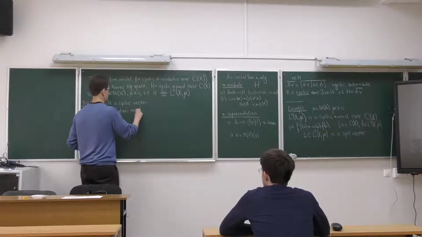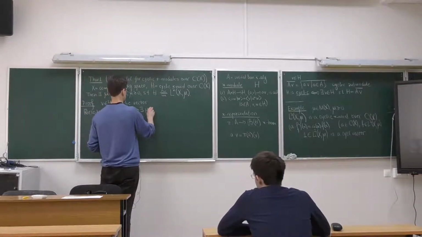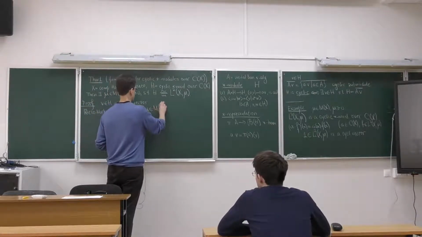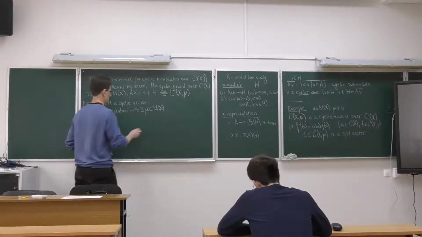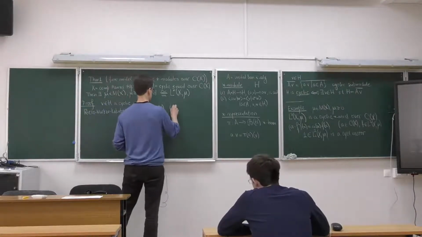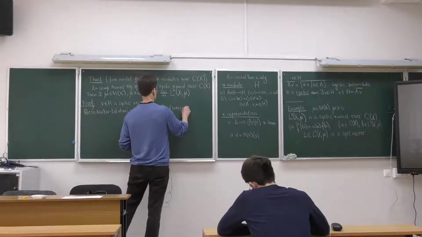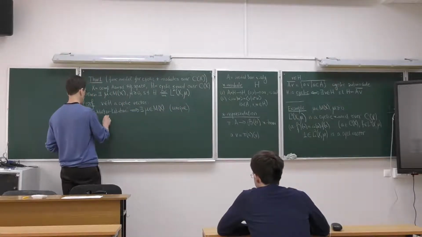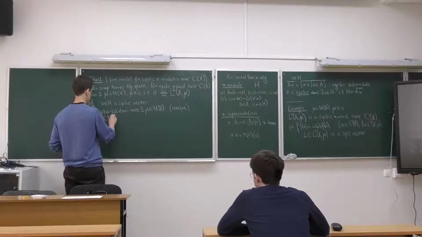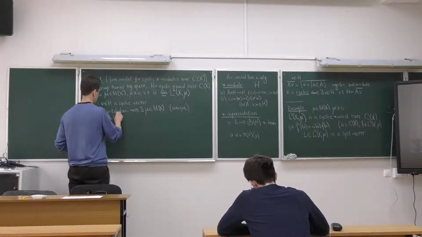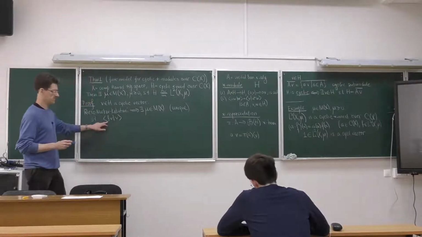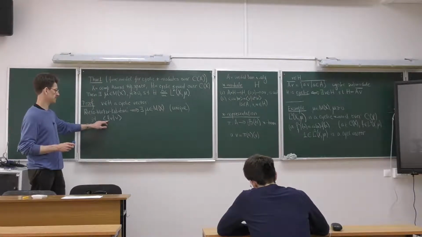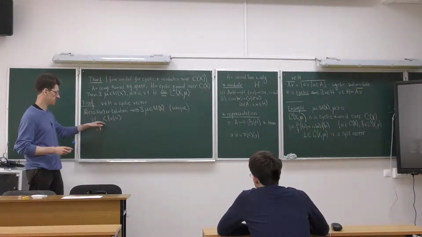We conclude that there is a complex Radon measure, mu, a unique complex Radon measure, such that the following number, here f is a continuous function, so we act by f on V and take the inner product with V.